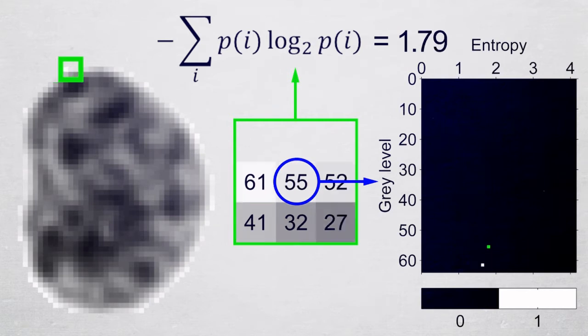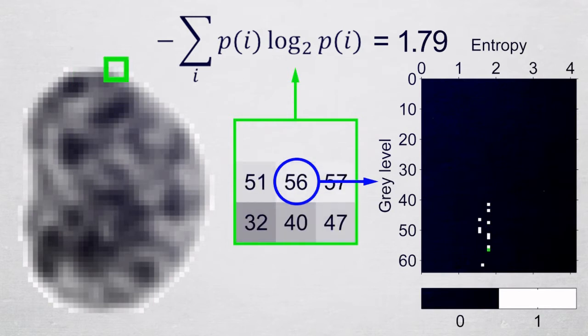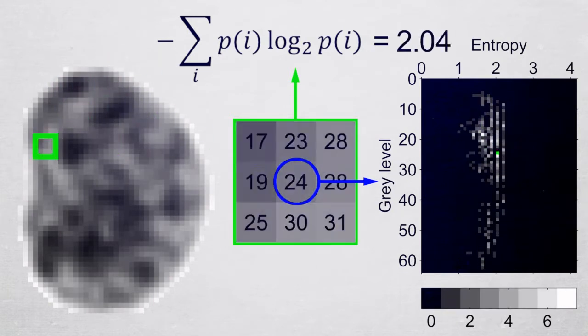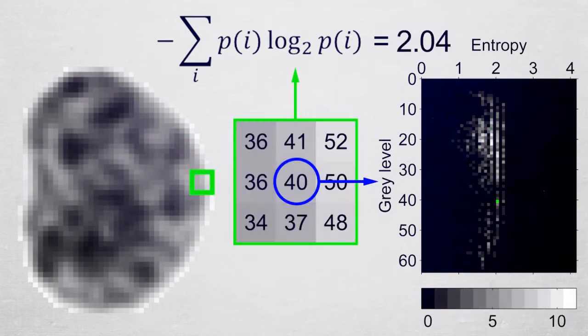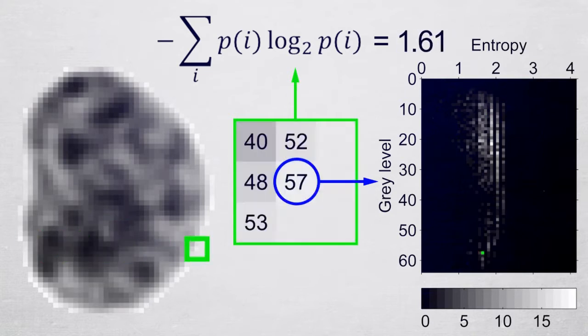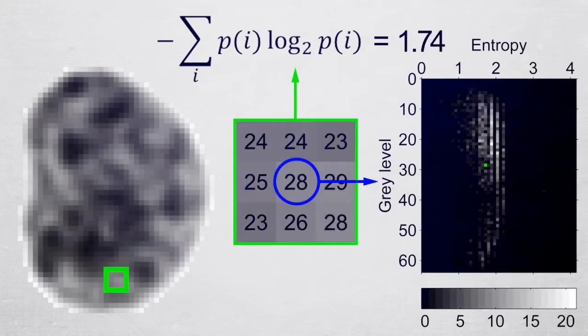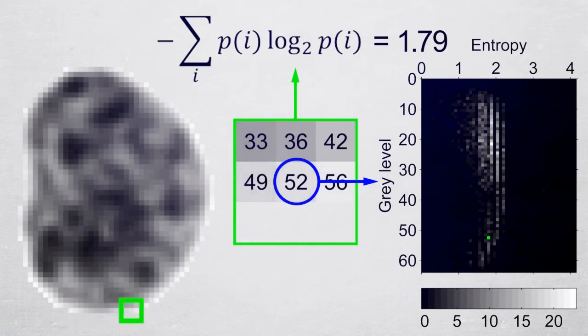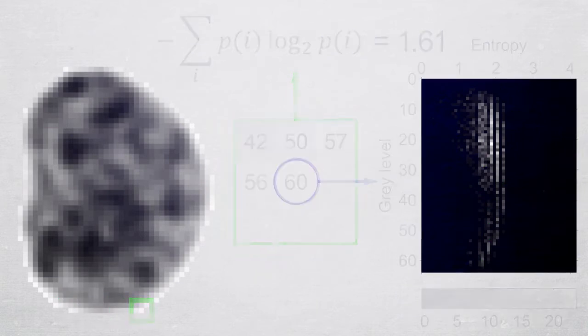The same computation is performed for each pixel in the nuclear image. When each pixel has been processed, the matrix provides information about how frequently each pair of entropy and center gray level occurs in the given nuclear image. The matrix stores information about higher-order chromatin structure, DNA density, and the relation between these two quantities.